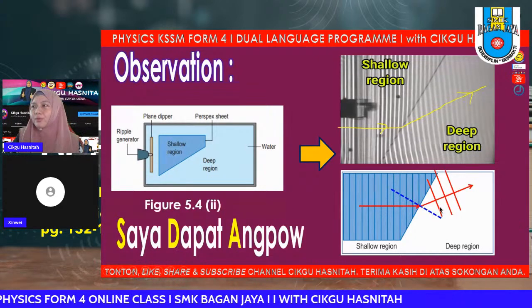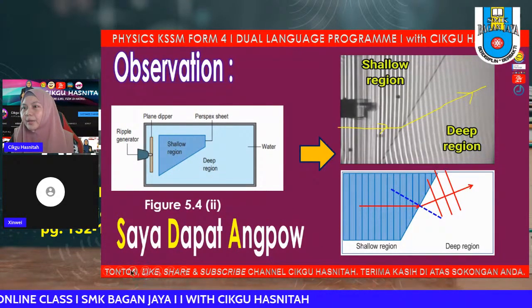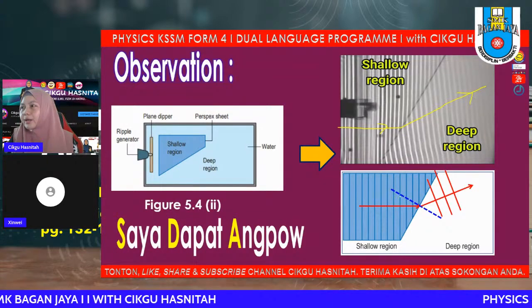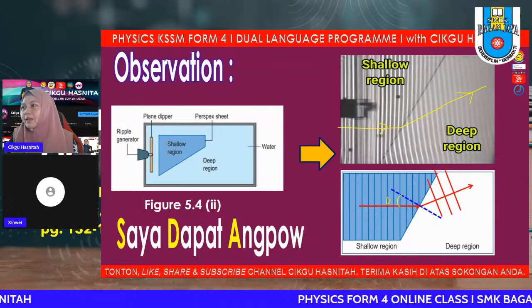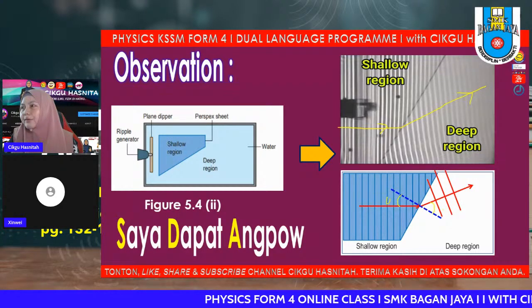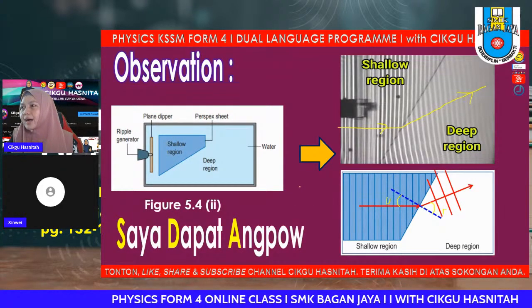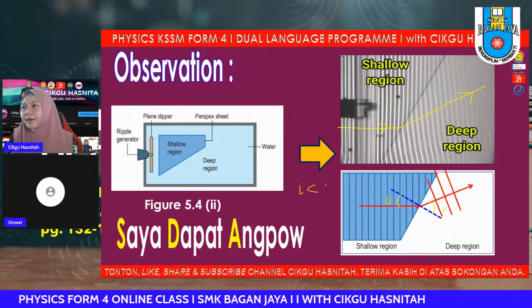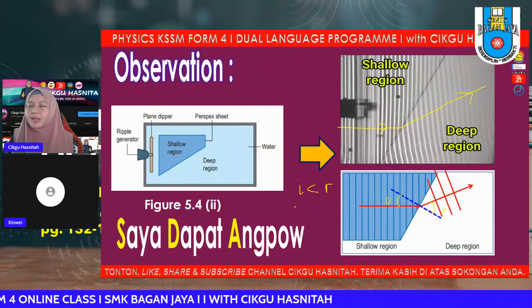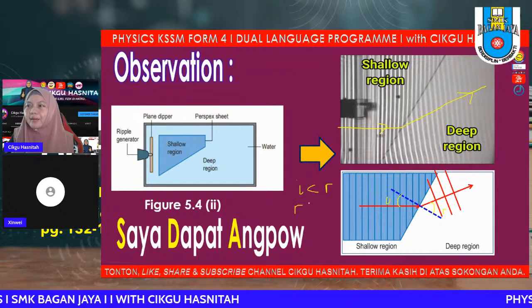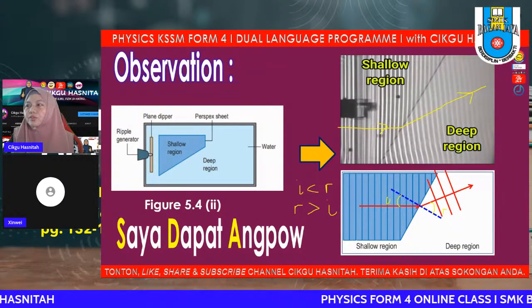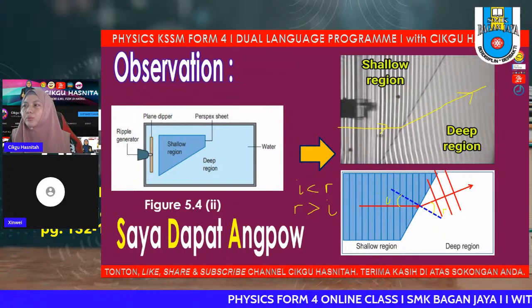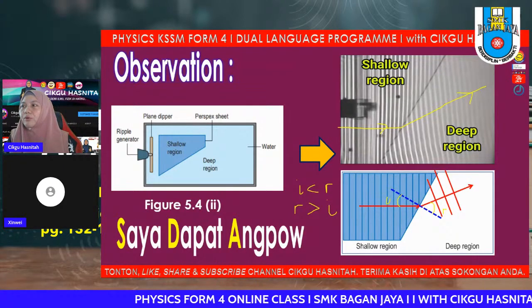So if you draw, this is our angle of incidence, i, and this is our angle of refraction. Now you can see here i is less than r, or you can write it the other way around, r is greater than i. So from shallow to deep region, the water wave refracts away from the normal.